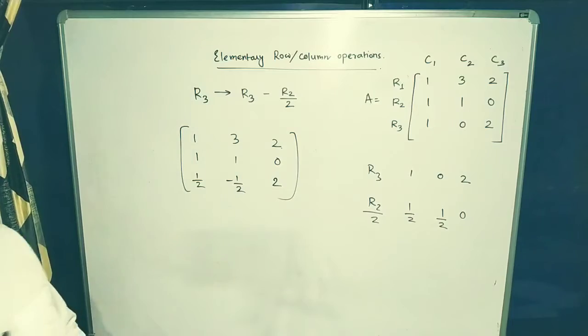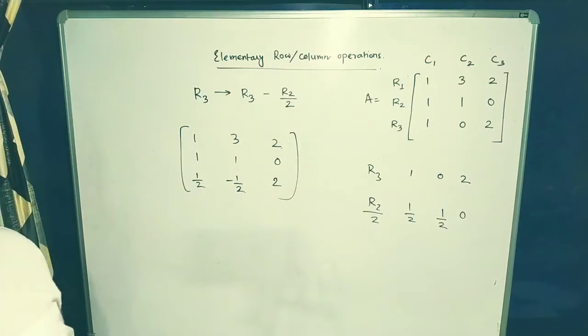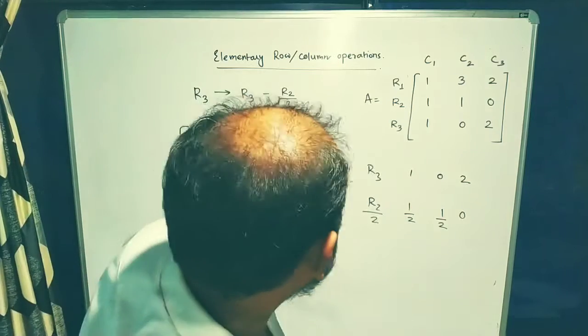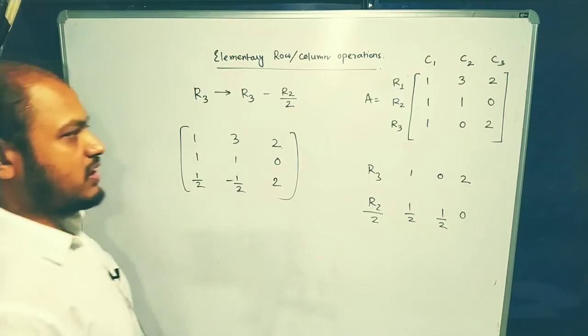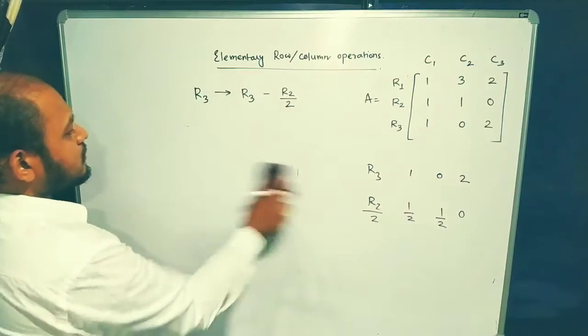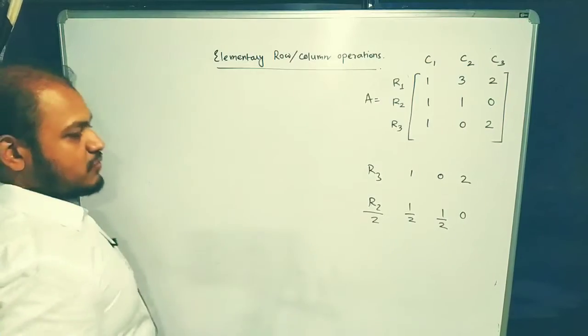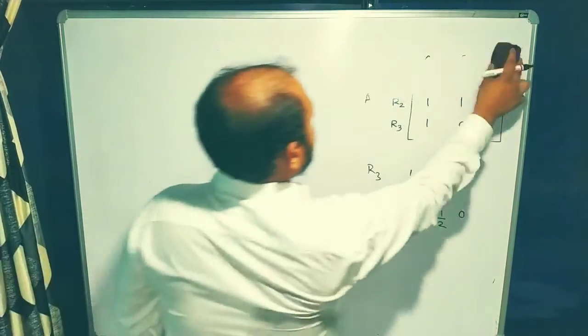So this is the matrix. After performing this operation on this matrix, we get this matrix. So now it must be clear to you how to perform various elementary row and column operations on any given square matrix or any given matrix, right? So solve as many examples as you may think that would suit your purpose.